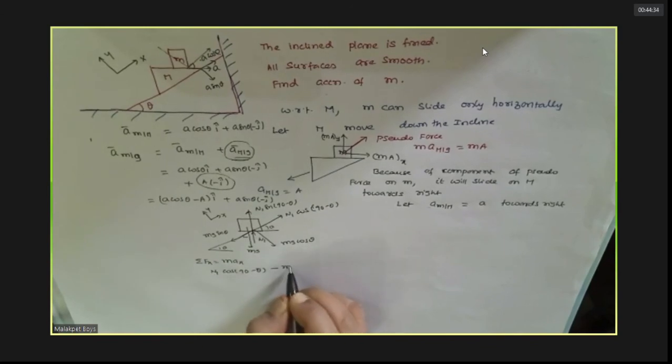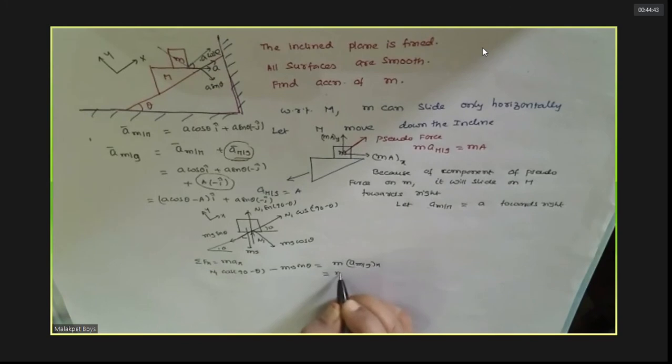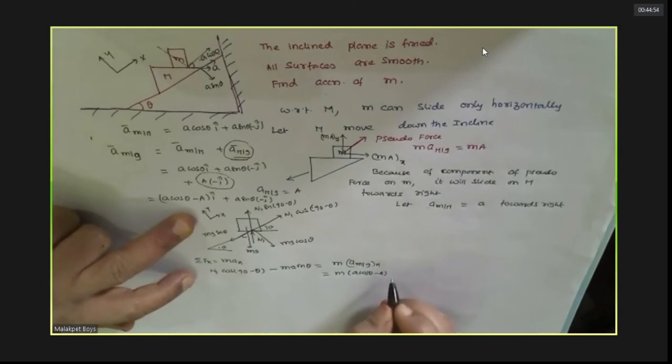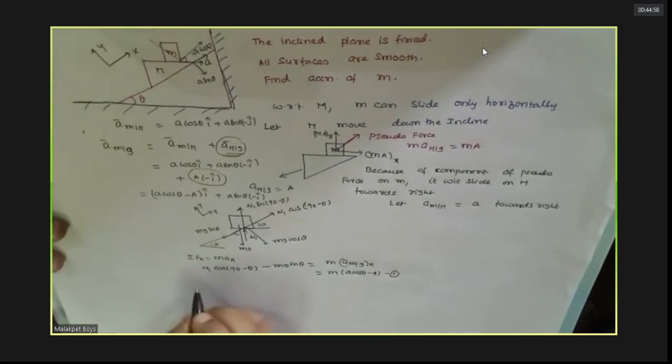The opposite force is mg sin theta. It equals mass into acceleration of small m with respect to ground. Because I am trying to solve with respect to ground, there is no need to take any pseudo force. So this will be how much, man? A cos theta minus A. This is one equation. Do you agree with this? Yes, sir. Followed or not?